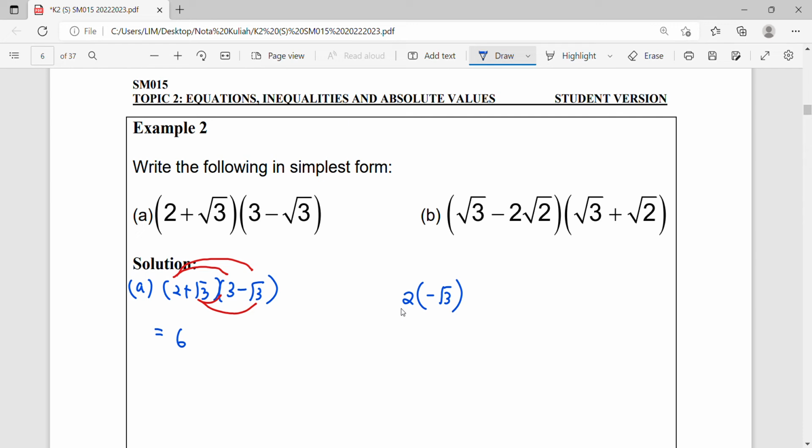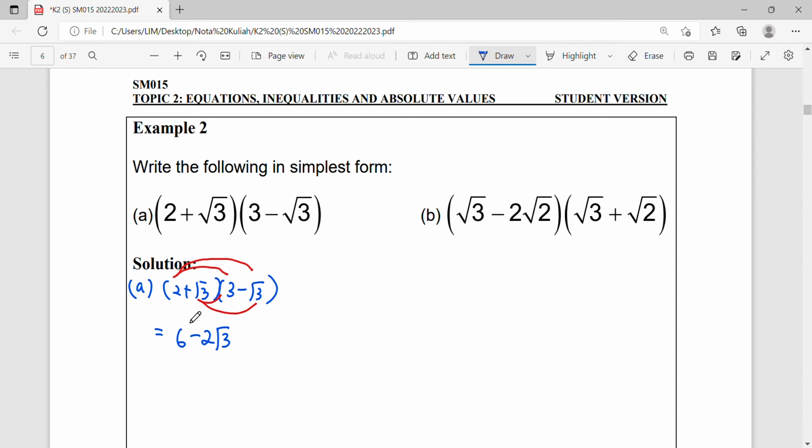So it cannot go under the surd. It only becomes the coefficient of surd. So this is what I mean. It cannot go under the surd because 2 doesn't have the symbol of surd. It only becomes a coefficient, meaning 2 times negative 1 becomes negative 2 surd 3. So coefficient of surd 3.